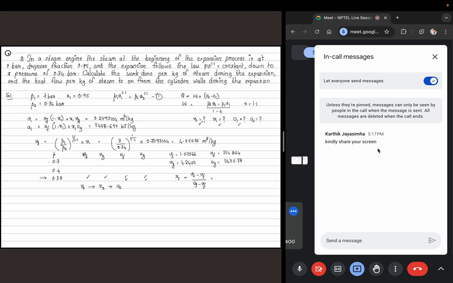And just to reiterate, here we have 10 raised to the minus 3. Once I calculate the vapor fraction, I can calculate U2 directly as 1 minus x2 times Uf plus x2 times Ug.